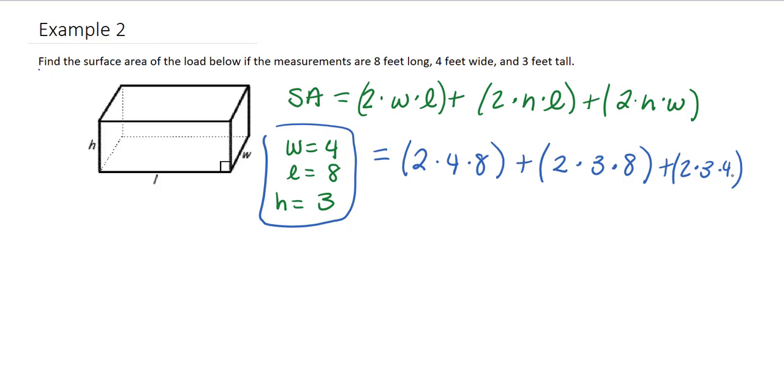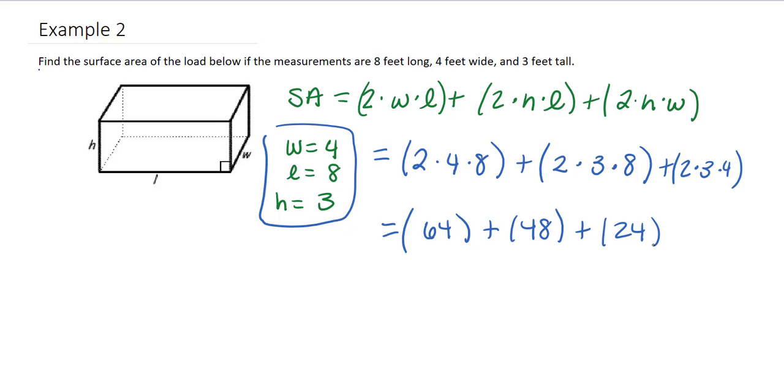All we need to do is multiply inside each parentheses, and then add it all up. We get 2 times 4, which is 8, and then 8 times 8, which is 64, plus 2 times 3 is 6, times 8 is 48, plus 2 times 3, which is 6, times 4 is 24.